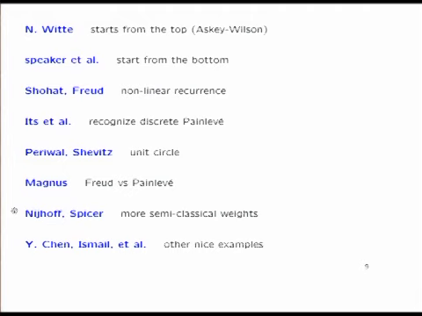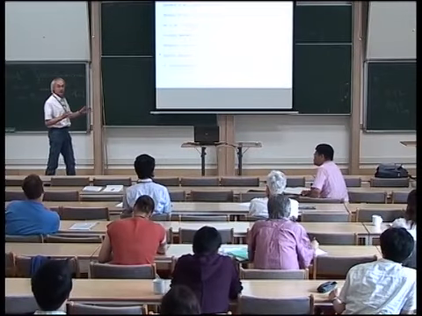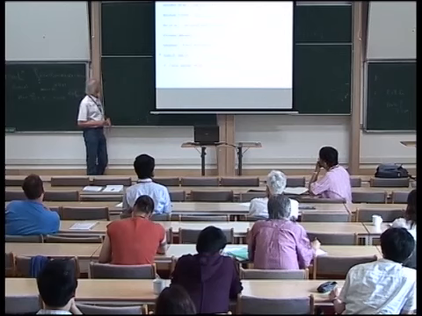And I really believe that Its and his co-workers are the first to recognize them as discrete Painlevé equations. Periwal and Shevitz, for instance, they also found discrete Painlevé equations, but they were working with orthogonal polynomials on the unit circle, which I will mention in a minute, and they also recognized them as discrete Painlevé equations.